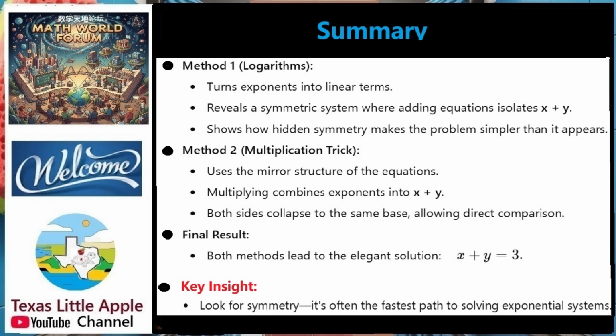It's extremely powerful because it reveals the structure hidden inside the problem, allowing everything to simplify instantly. Both approaches, logarithmic linearization and symmetry-based multiplication, lead to the same elegant result: x plus y equals 3. Look for this kind of symmetry in your next exponential puzzle.